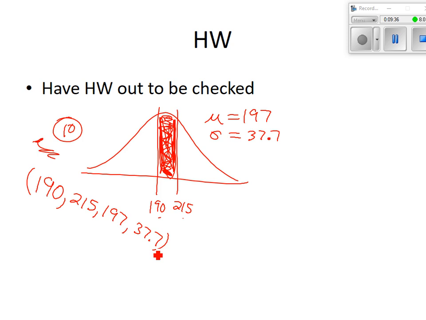So 190, comma, 215, comma, 197, comma, 37.7, and I come up with about 0.2571. So about 25%.